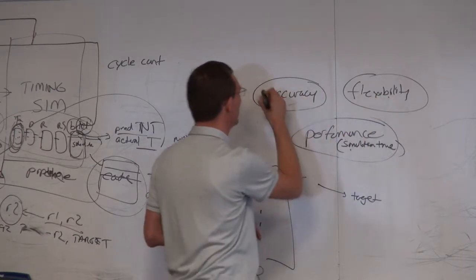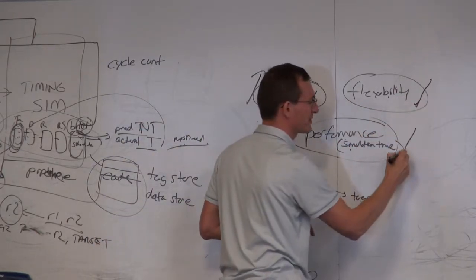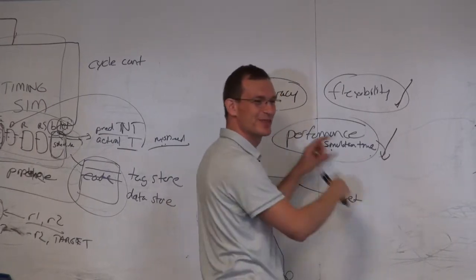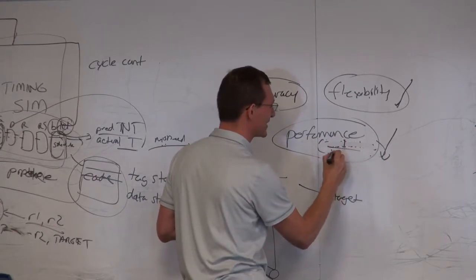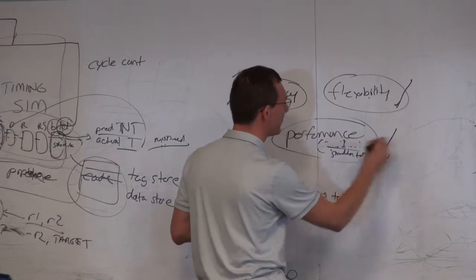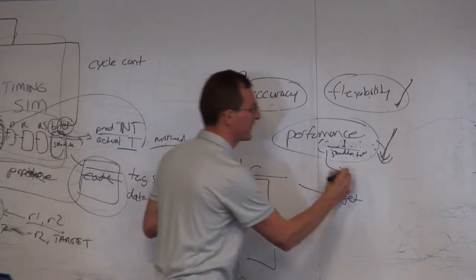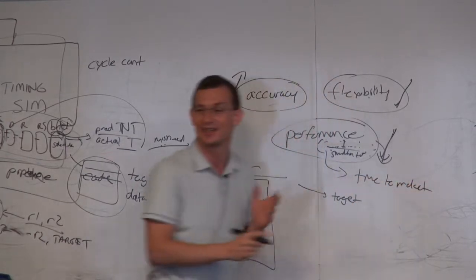So if you increase your accuracy a lot, your flexibility reduces, and your performance, simulation time, well, I guess I don't like this one, because one is the opposite of the other. I guess performance is 1 over simulation time then? Your performance reduces also. And this affects a lot of things, right? This affects time to market of your processor, for example, or whatever you're designing in your system.